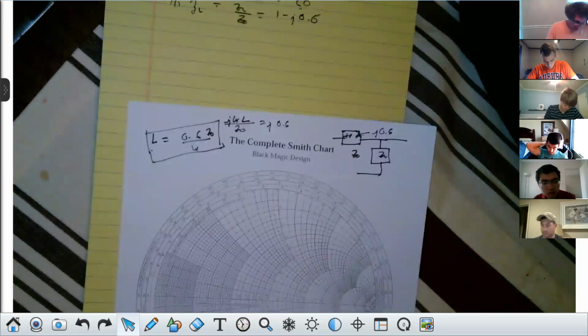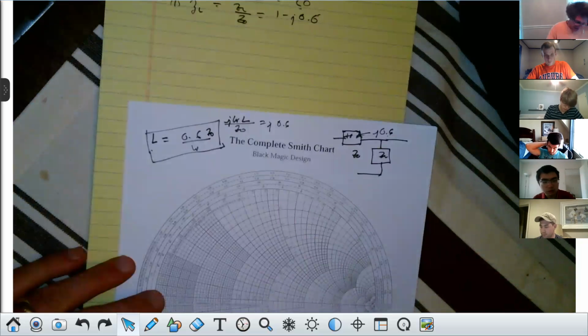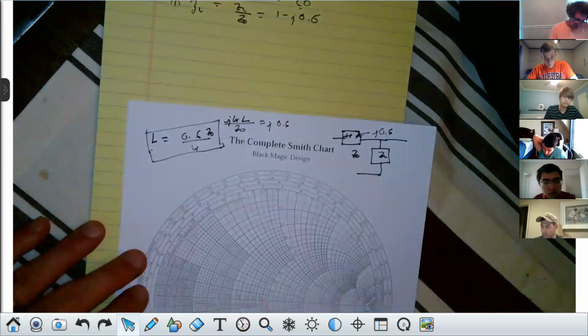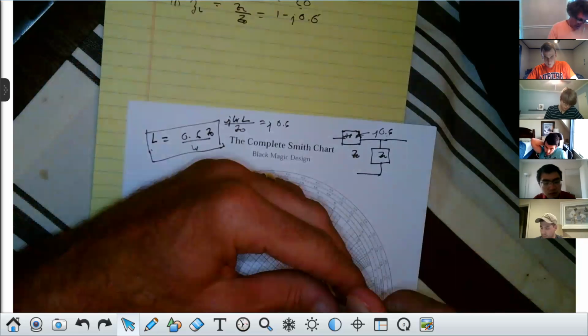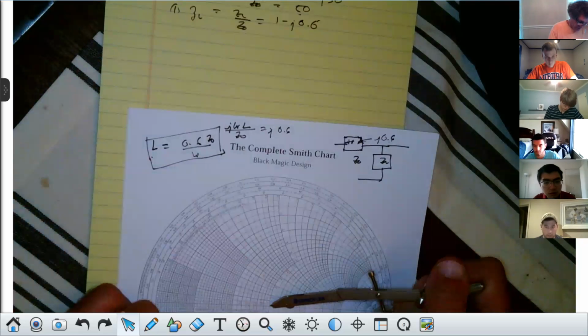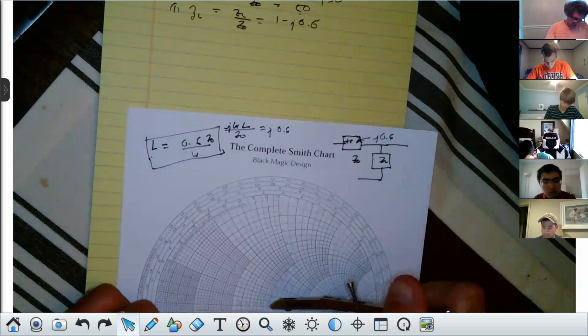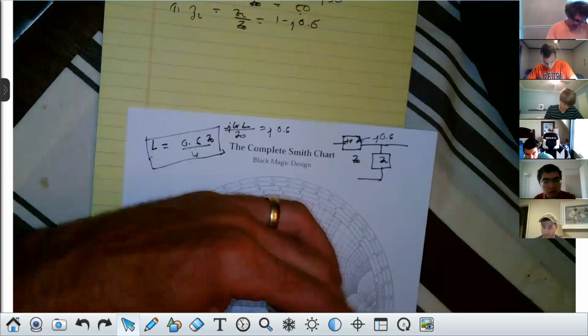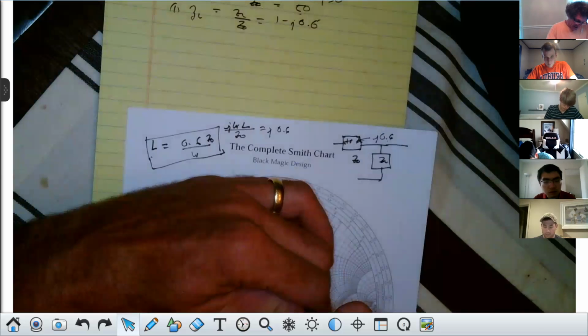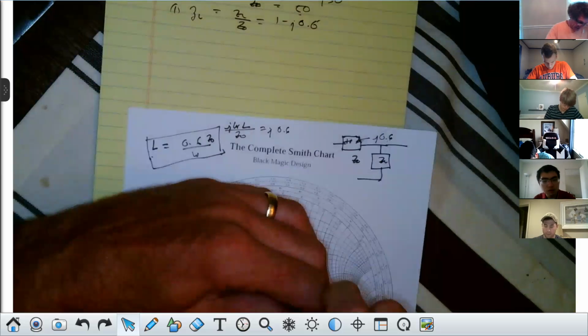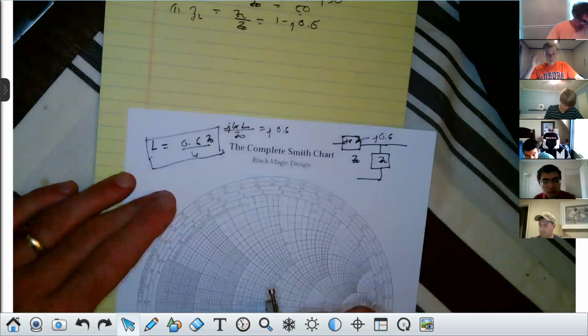Now, I could also move a half wavelength. I'm going to do this now. I could draw a radius. If you can do this with me, get a fresh Smith chart, it'll probably help you. I'm going to go from the center. I'm going to take my compass, and I hope you guys got good compasses because it'll make a big difference. And then you go around like this.